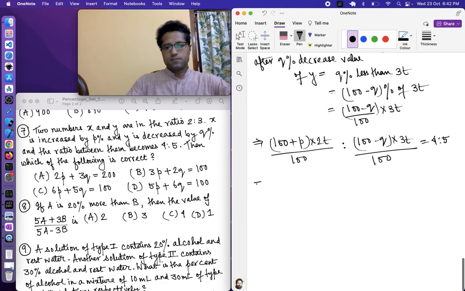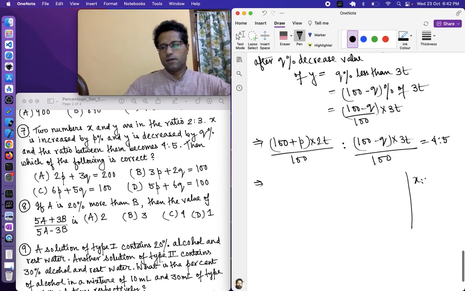We know that if we have x is to y is equal to a is to b, this implies that x by y is equal to a by b.